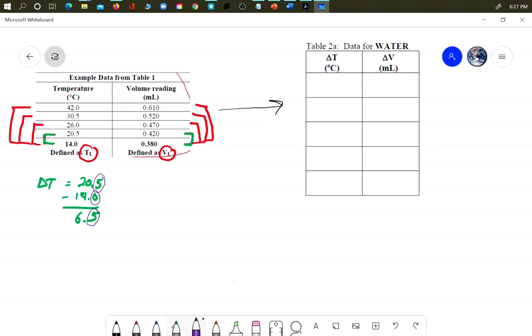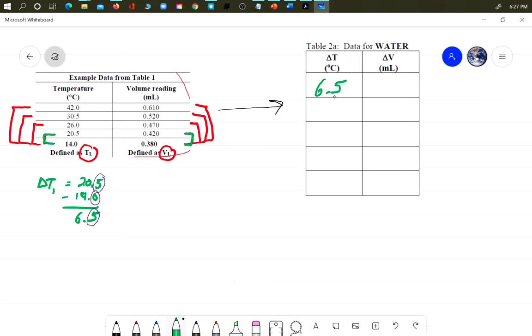So our answer in the table for delta T, let's call that delta T1, is going to be 6.5 degrees Celsius. We started out with 3 significant figures in our readings, but when we calculated the difference, this reading only has 2 significant figures.